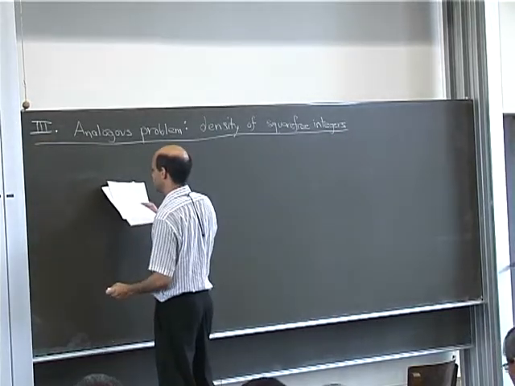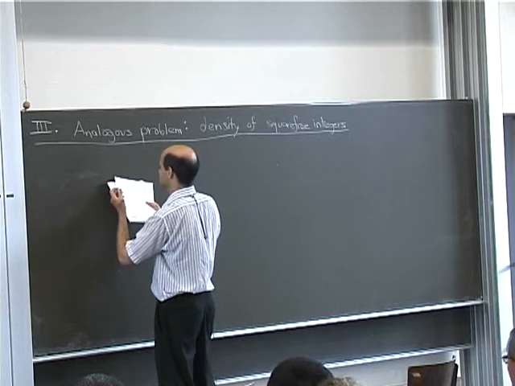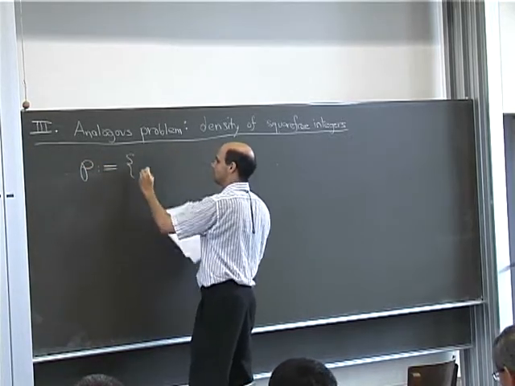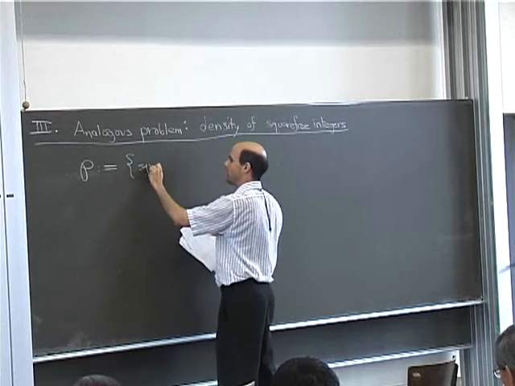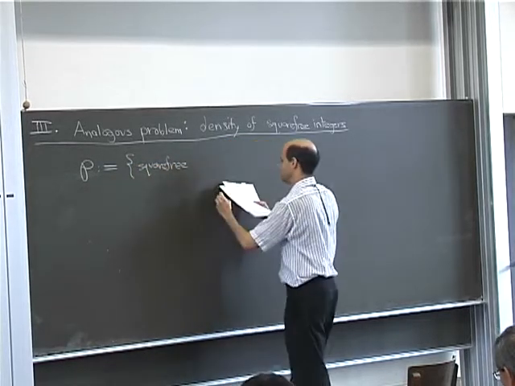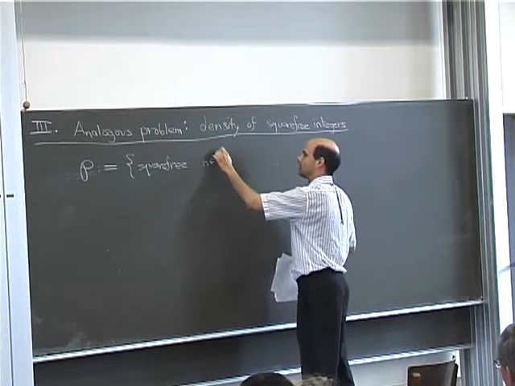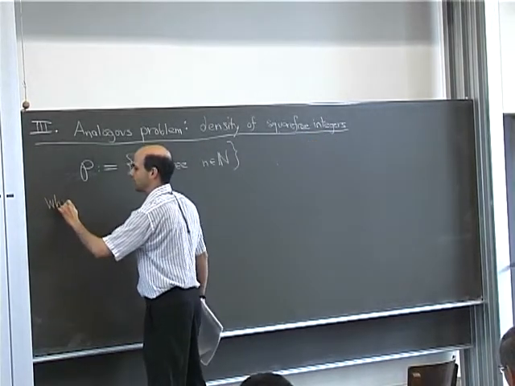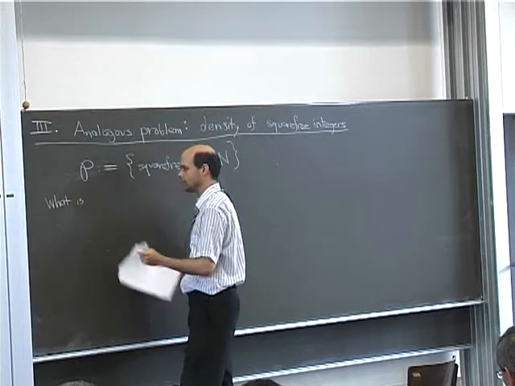So let P be the set of square-free natural numbers, and let me just look at non-negative integers. The analogous question would be, what's the density of this set?